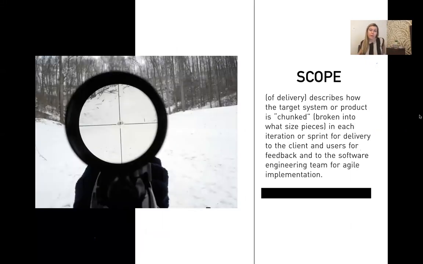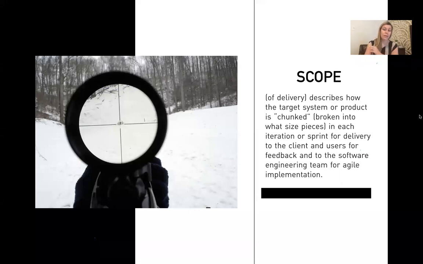Scope. I wanted to talk about a couple of UX agile buzzwords during this presentation that are important for you to recognize. I think it's really helpful if you know these terms before going into something like a UX design interview or working on an agile team, because you're going to hear words like this a lot.